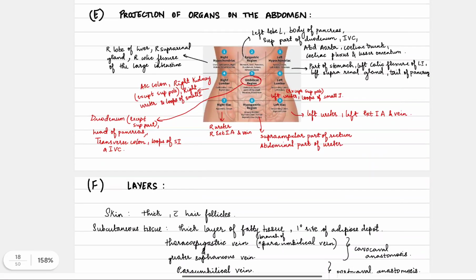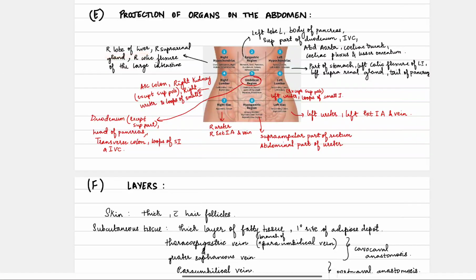Now, what are the projections of the organs on the abdominal wall? In the right hypochondriac region, what organs are located?